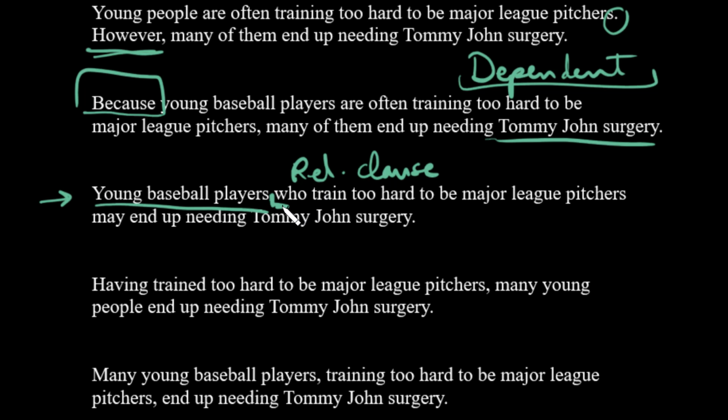It starts with a relative pronoun here, so who trained too hard to be major league pitchers. That's the end of our relative clause. And then we continue with may end up needing Tommy John surgery. You can see that this one as well subordinates this part here, makes it less important, gives it more as background information, and then focuses a lot more again on needing this kind of surgery. And that's how you can really change the focus of your sentence to whatever you think is most important.